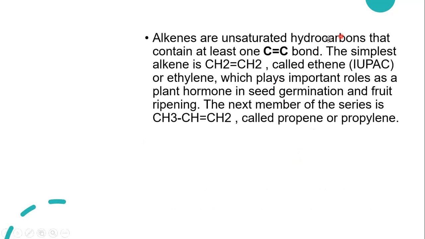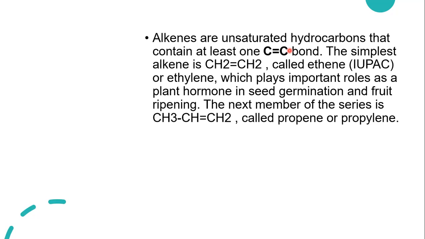So alkenes are unsaturated hydrocarbons that contain at least one carbon-carbon double bond. The simplest alkene is CH2 double bond CH2, commonly known as ethene or ethylene, which plays an important role as a plant hormone in seed germination and fruit ripening.